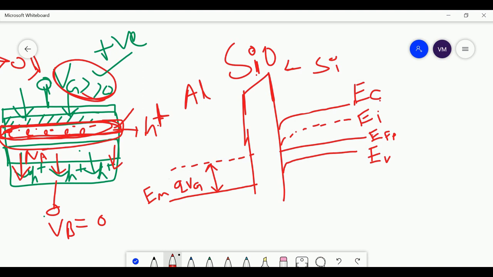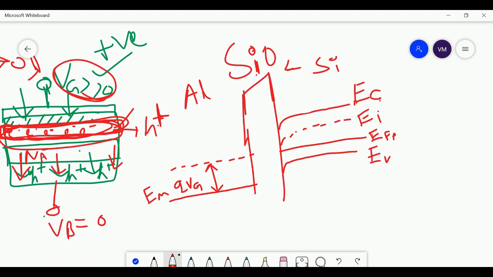So what remains behind? The minority charge carriers. In the p-type silicon, those are electrons. The other theory is that the higher positive gate voltage will repel the holes while it will attract the electrons, the minority charge carriers. So in both theories, the electrons will appear at the surface of the silicon.